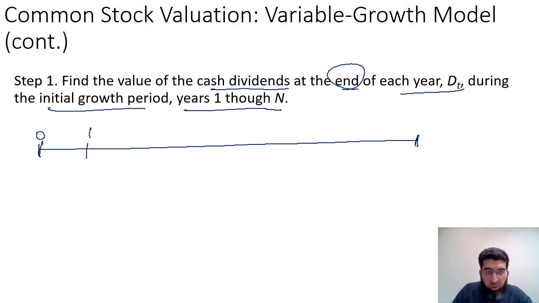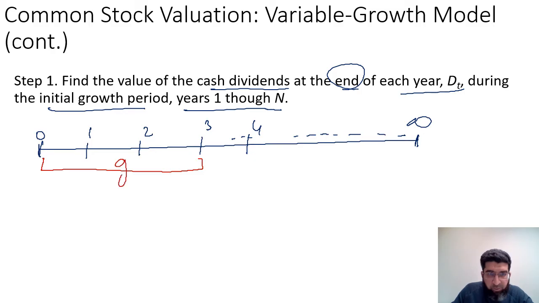So 0, 1, 2, 3, and then we have a 4, and then it's forever, infinity. Now let's assume that we have the first 3 years marked by a first growth rate, and then we have another growth rate forever.